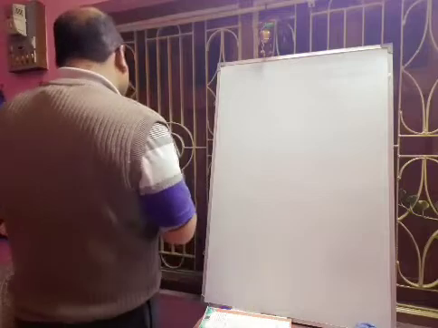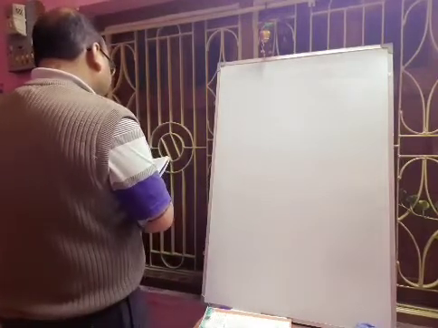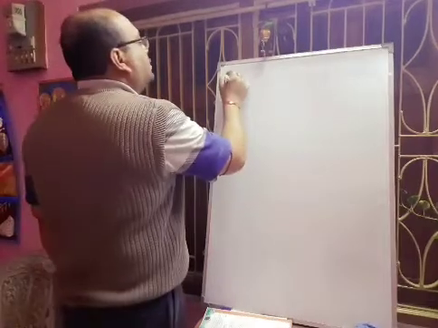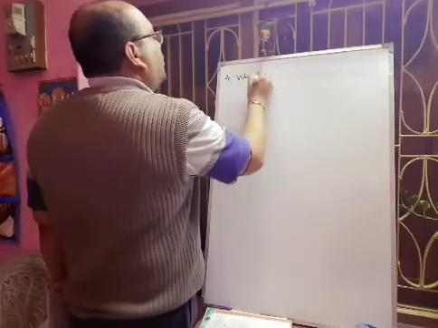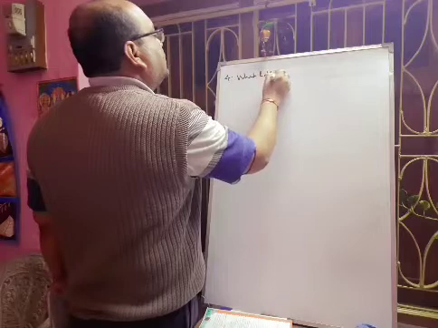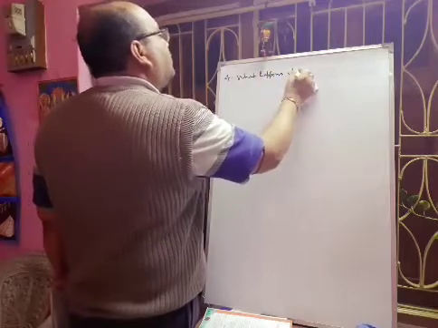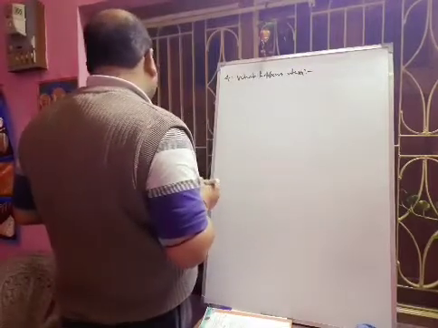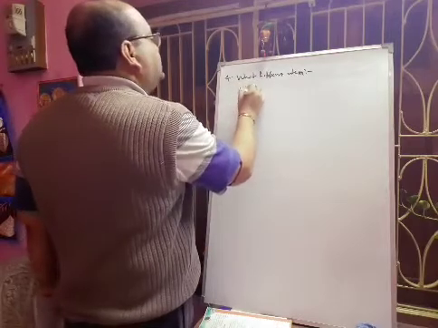Next we will discuss what happens when. Question type 4. What happens when? First question is given, mercuric oxide HgO is heated.